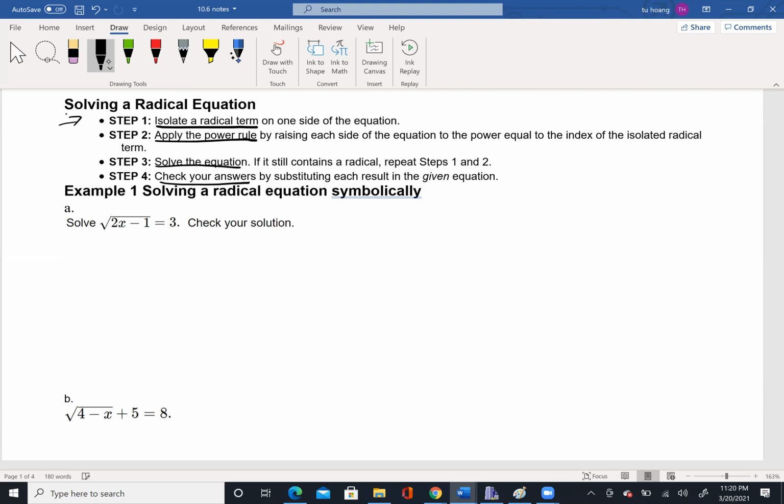Here the radical term has been isolated already, so we can skip step 1. Done. So we can just go right away to step 2, where we're going to apply the power rule.